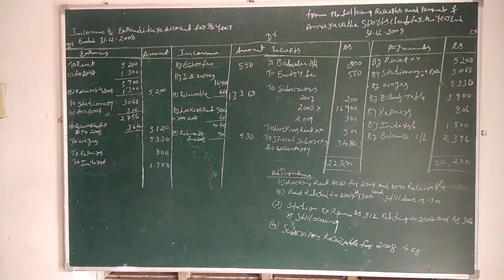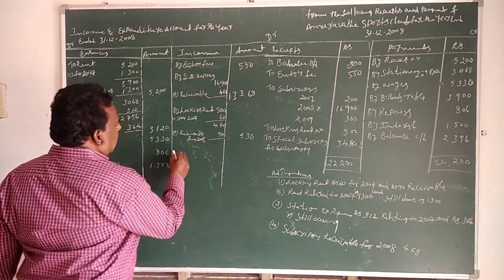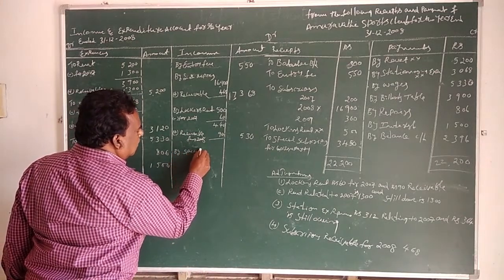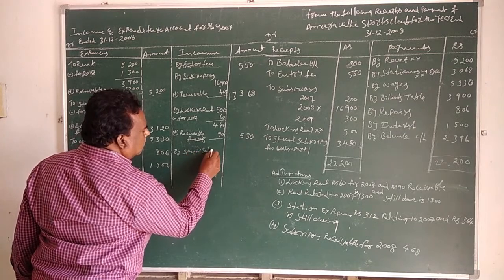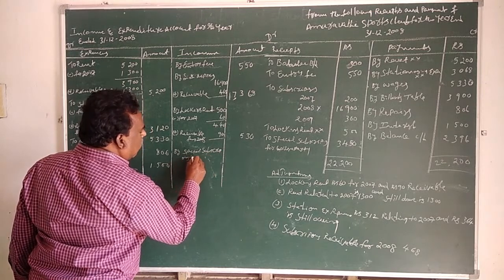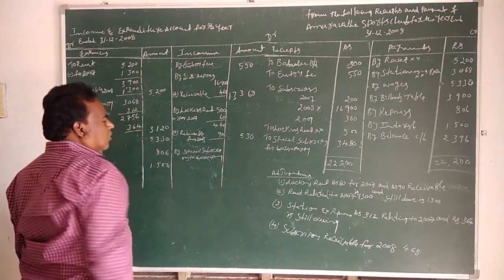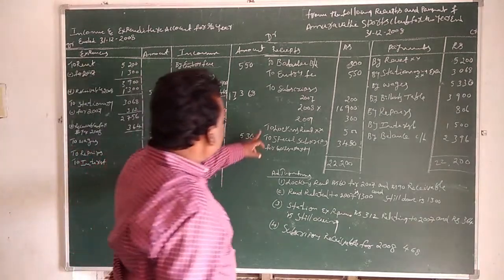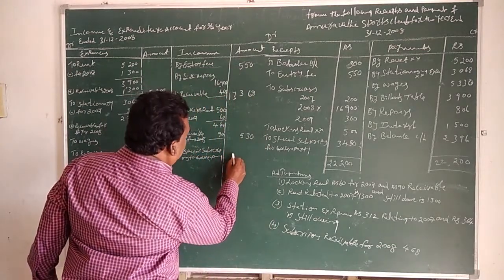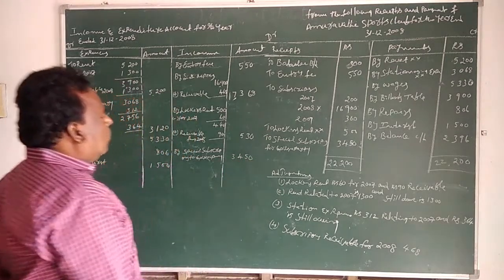Next, special subscriptions to government body 3,450.